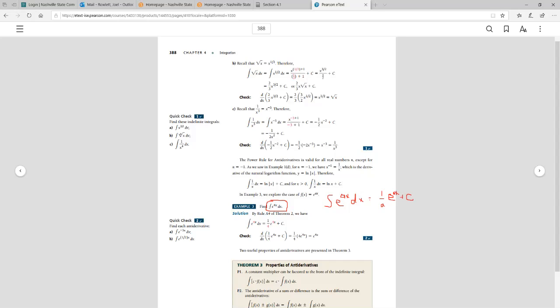That is terrible. This is actually ax. Let me rewrite that. I hope it's better.